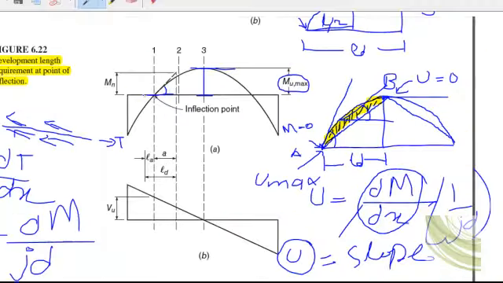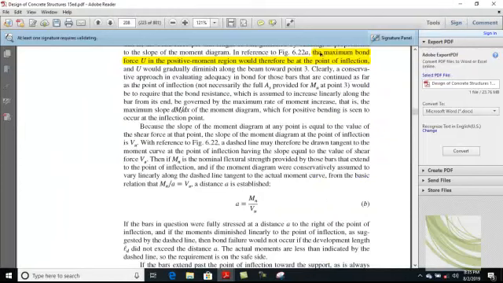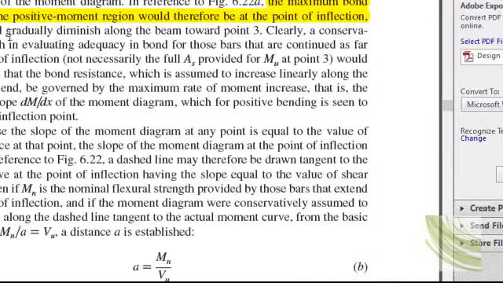So what does this sentence say? The maximum bond force U in the positive moment region would therefore be at the point of inflection, and U would gradually diminish along the beam toward point 3.